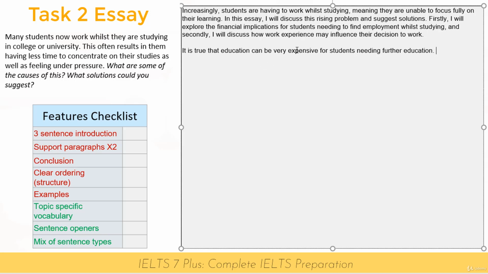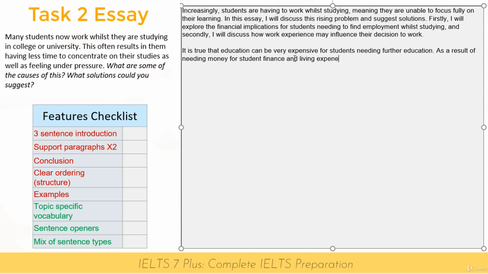So I'm talking about the expense, the financial implications, and I need a support sentence here. Let's say, as a result of needing money for student finance. I'm using some topic-specific vocabulary. This is a collocation, student finance and living expenses.